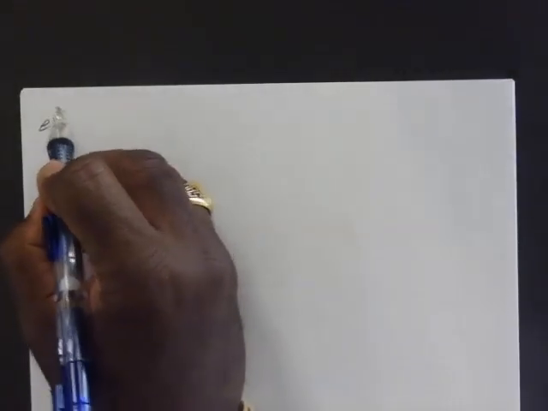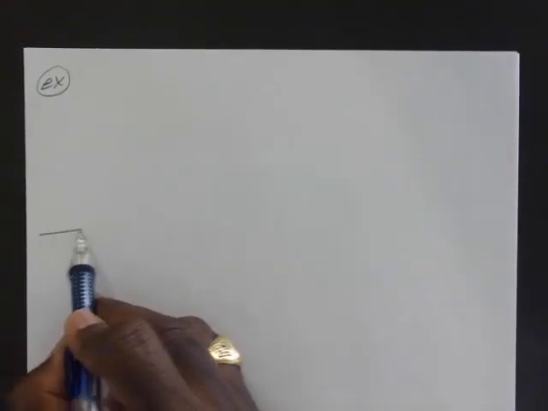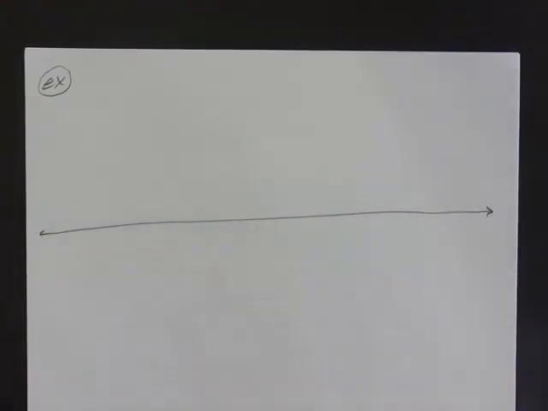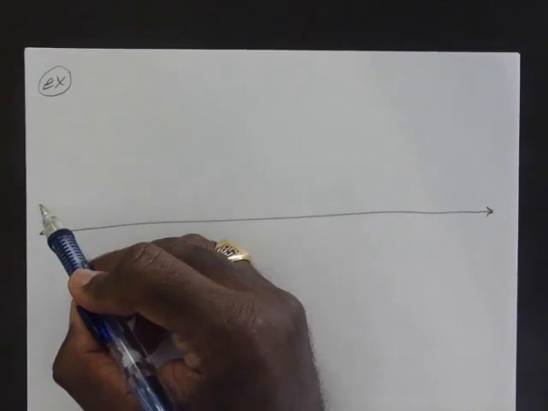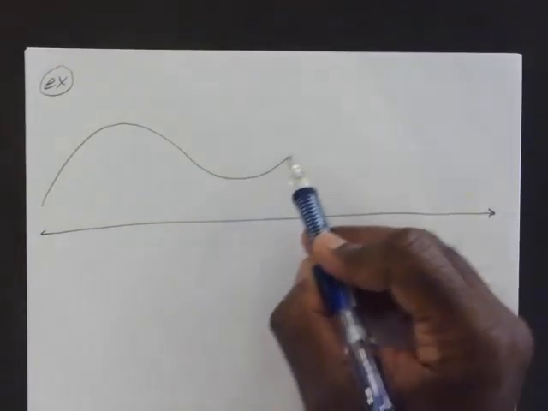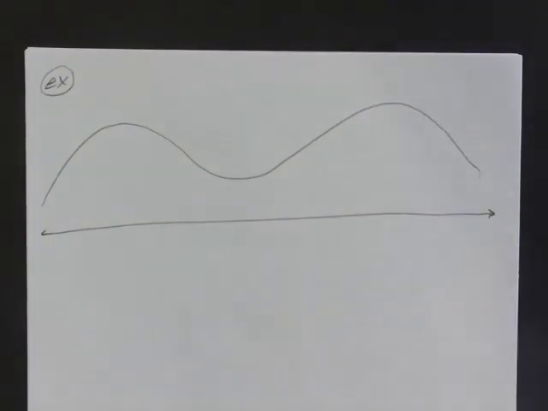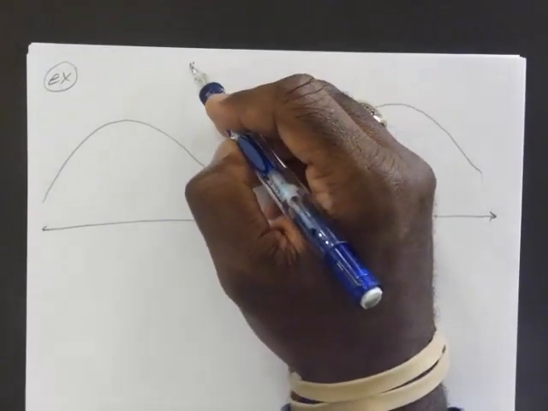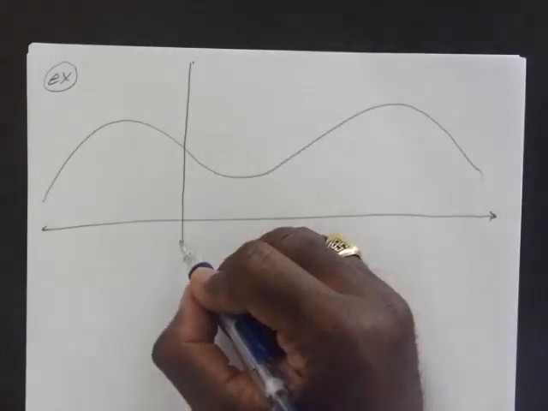Okay, so let's say, for example, if we have just a graph. And I'll write it out large enough. Let's say our graph just looks like that, where our y-axis is somewhere around here.